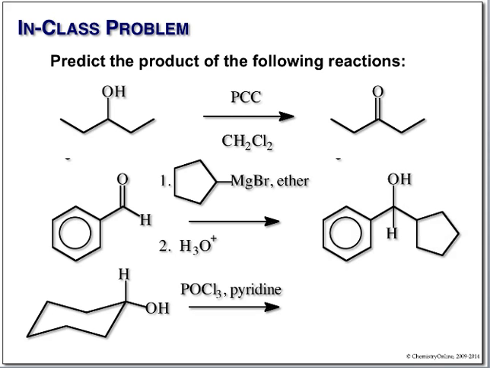And finally, our last one. Nice, gentle elimination reaction. POCl3 is going to react with the alcohol and give a phosphate ester, chlorophosphate ester. Pyridine is going to pull off a hydrogen. We are going to get an elimination reaction, and we will make cyclohexene.